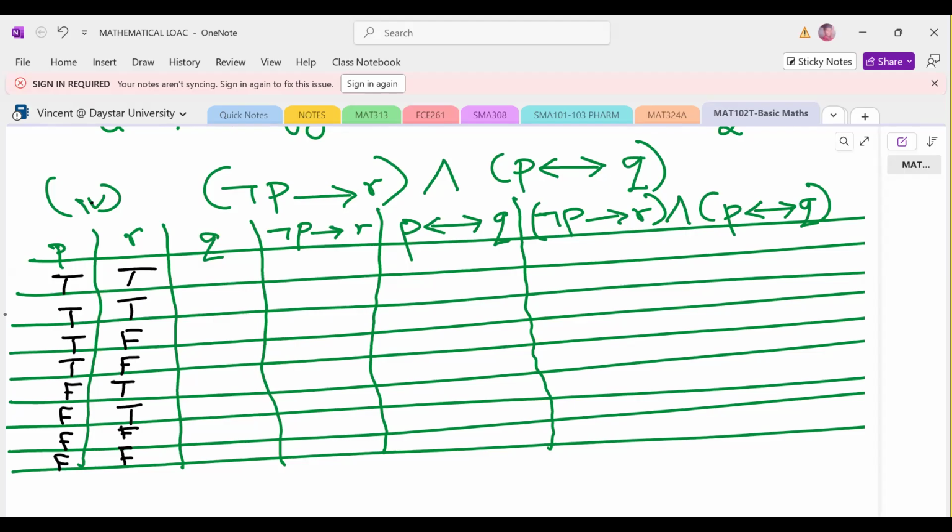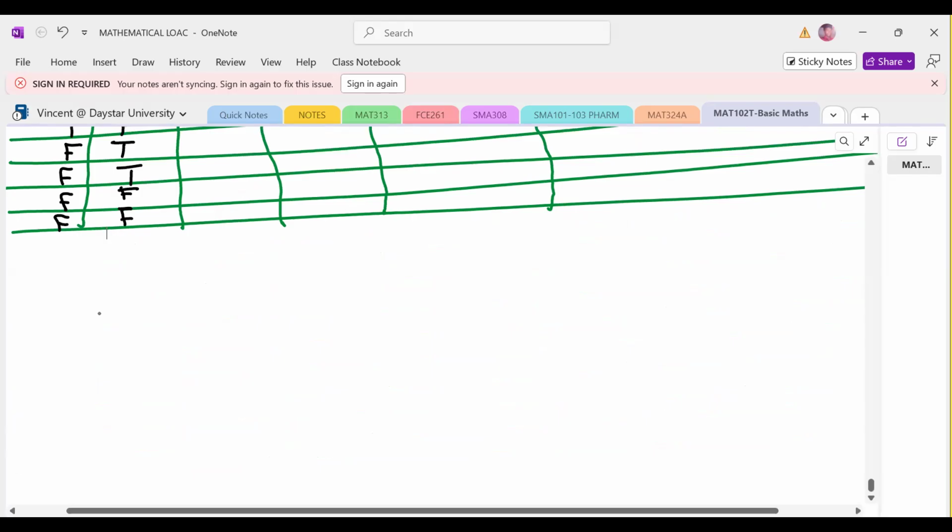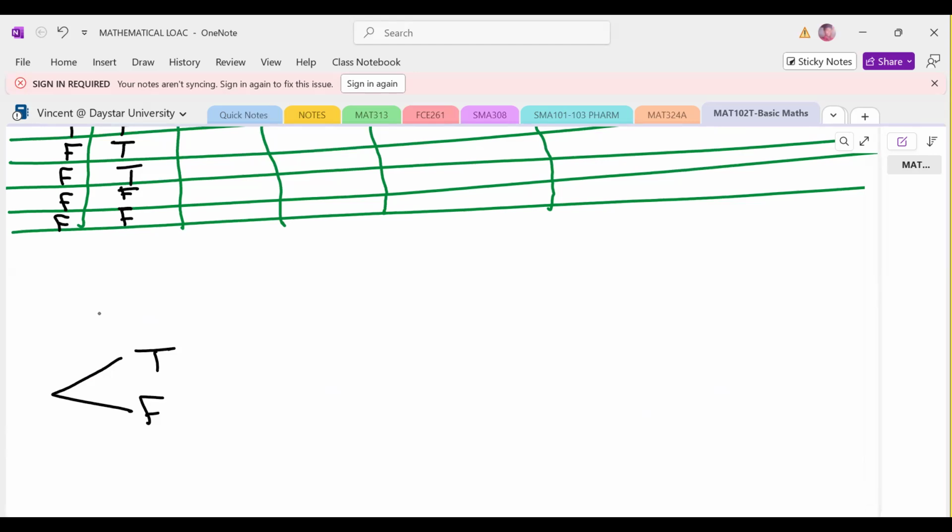The thing is that this is how we demonstrated in class. We start with the first thing, we know that any statement can either be true or false. There are only two possibilities. Now already we have determined that we have how many rows? 8. So if you have 8, you divide by 2 and you get what? 4.